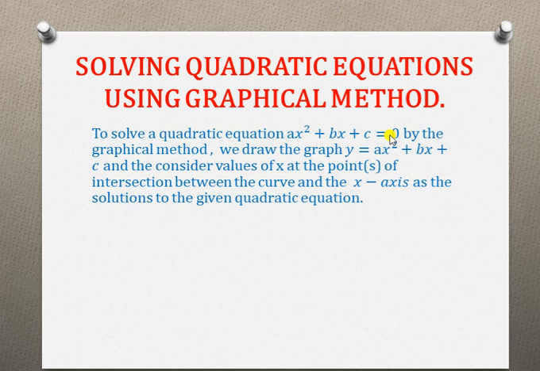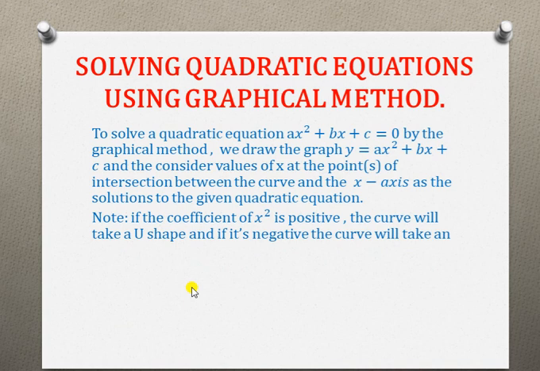So later on, after drawing your graph, you simply look at the points of intersection between your curve and the x-axis, and you only consider the x values, and the x values will give you the solution to your quadratic equation.